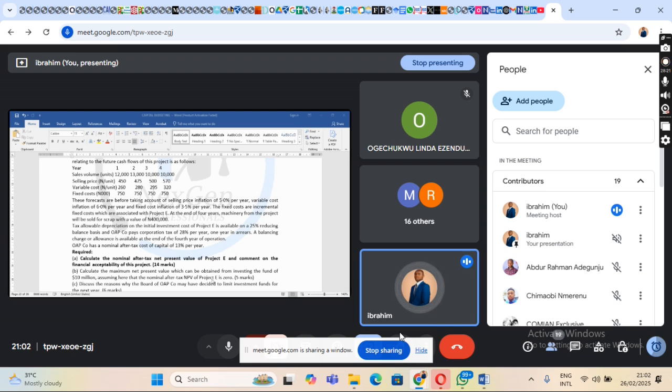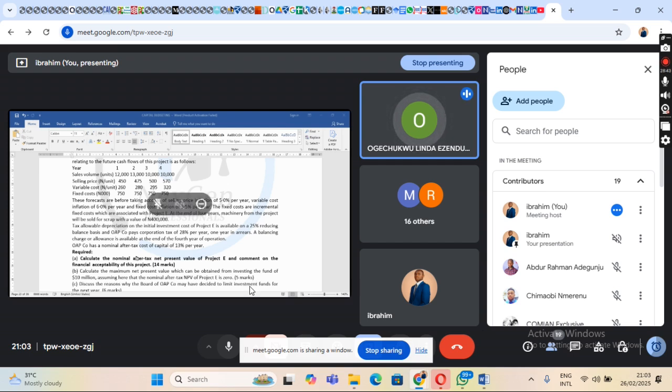In year two, it will be 475 raised to the power of 2, so that it will be cumulative. Class, are we still together? Yes. The formula we use here is 1 plus r raised to power n, so that for each year we can apply the increment.